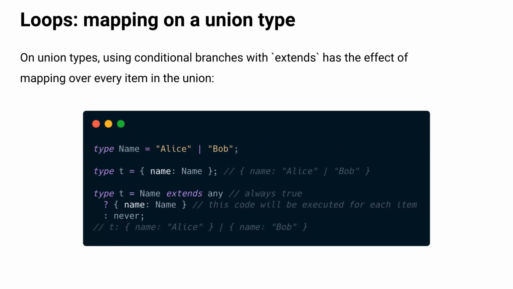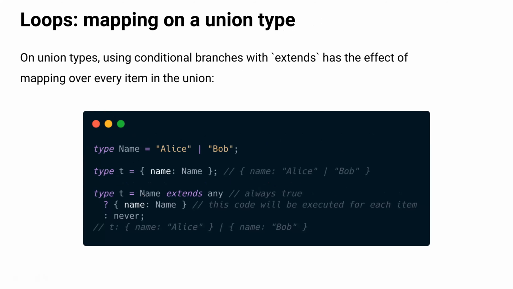Yeah, and so the last thing I wanted to show you is how to loop over union types. And this one is really weird, I've got to admit. The way you do that is by doing my union type, which is name in this case, extends any. As you probably know, this will always be true because everything extends any.